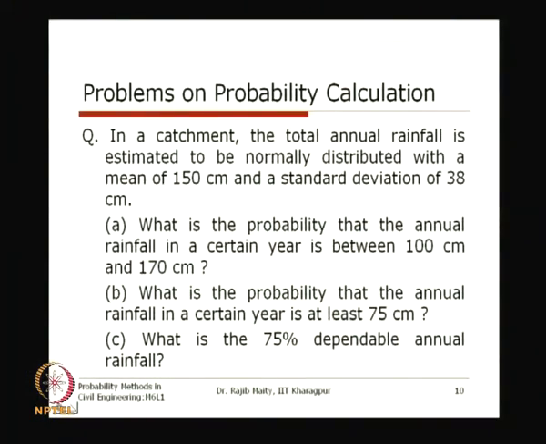The second type of question is, what is the probability that the annual rainfall in a certain year will be at least 75 centimeter. This kind of issue comes when we are interested in the minimum requirement of the catchment. There are different stakeholders for the water resource. For example, for reservoir operation, we are supposed to give the water for multi-purpose use, maybe power generation, or irrigation, or industrial use.